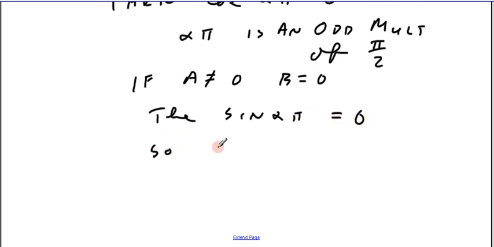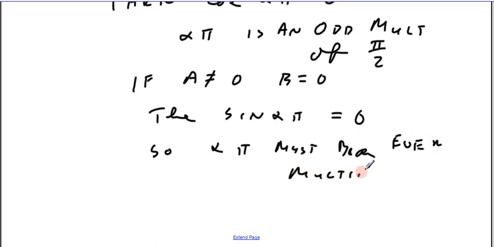So alpha pi must be an even multiple of pi over 2.